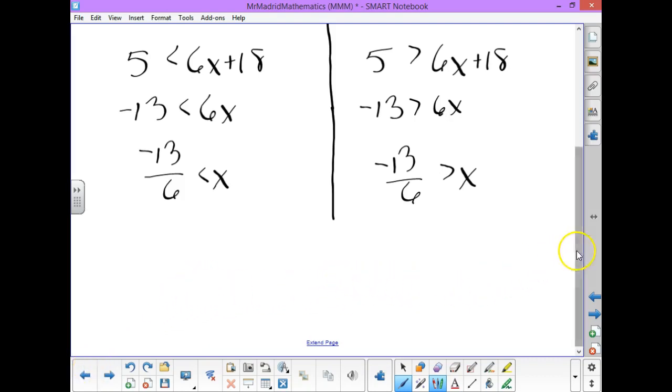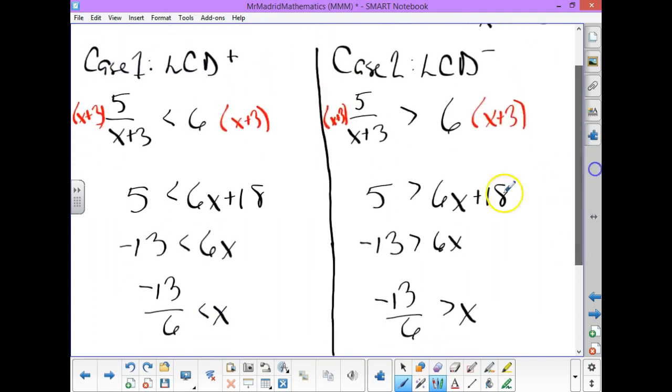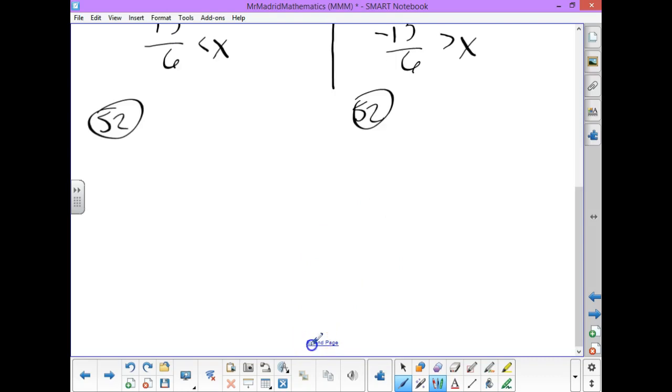Let me see what we have here. We have case 1, case 2. I'm going to call this step 1, and step 1, so each case has its step 1. Then comes a step 2 for each of these. In step 2, you look at the denominator, and you've got this expression.